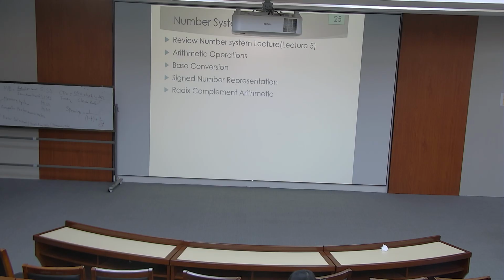You can also try to do the multiplication in any base. Please make sure you revise the number system, arithmetic operations, base conversion, signed number representation, and logic arithmetic complement.